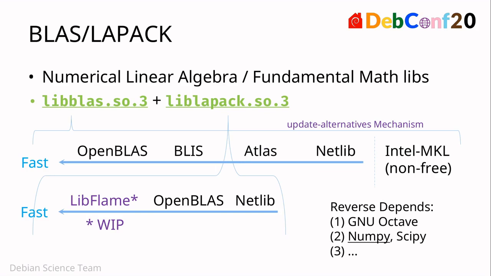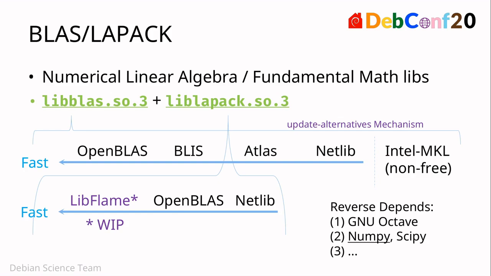Actually, there are 2 virtual shared objects managed by the update-alternatives mechanism. The fastest open source implementation of BLAS is OpenBLAS, but actually Intel's Math Kernel Library is faster than OpenBLAS, but it is not free, so I registered Intel MKL in the mechanism with the lowest priority.